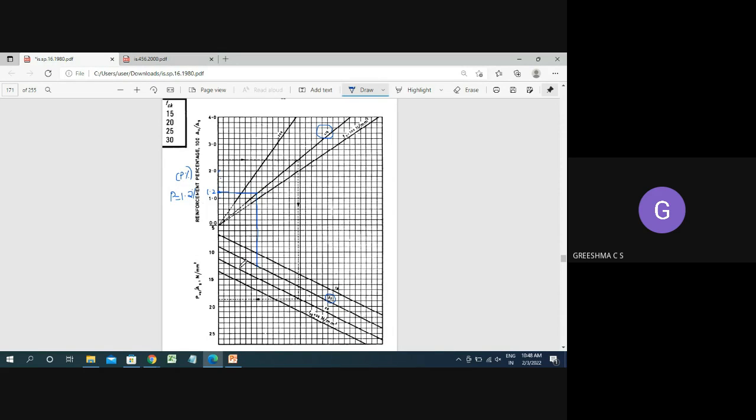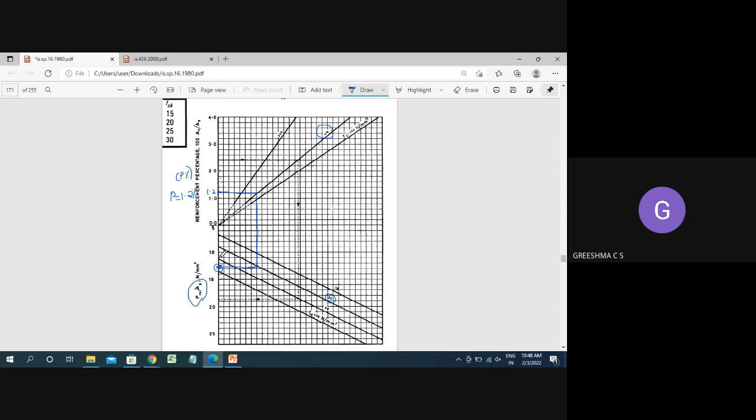Now go to the x-axis. This is the point that we have to find out. This point is Puz divided by Ag. Here it is 10, and this is 15; each division is one, so 11, 12, 13, 14, 15.